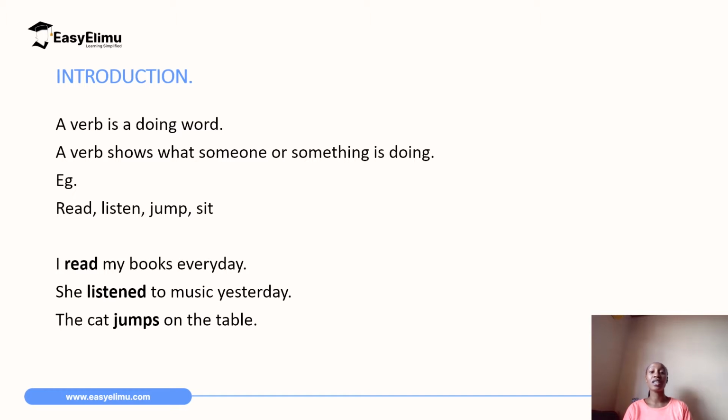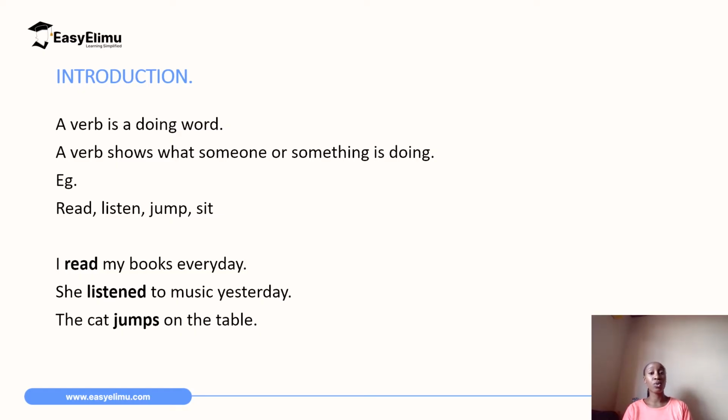She listened to music yesterday. The cat jumps on the table. The words written in bold, read, listened, and jumps are verbs. So that is the general definition of what a verb is.